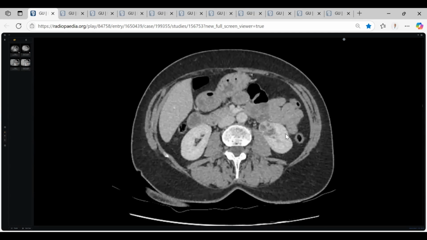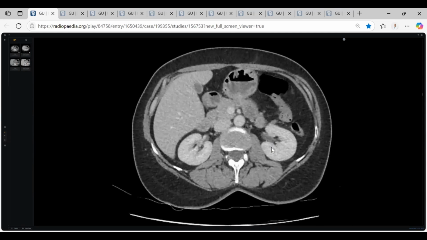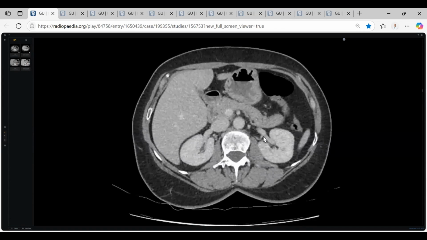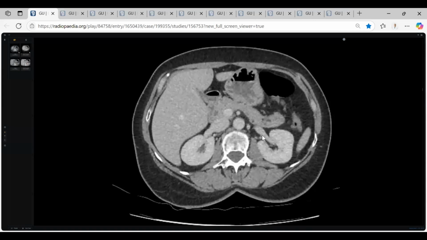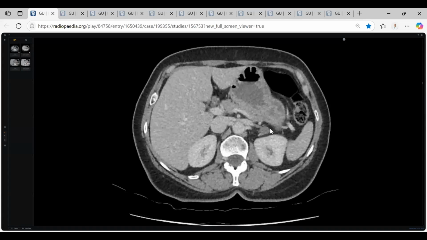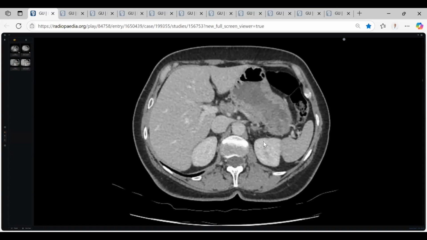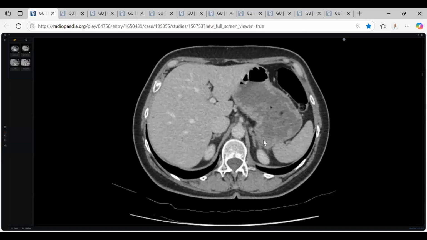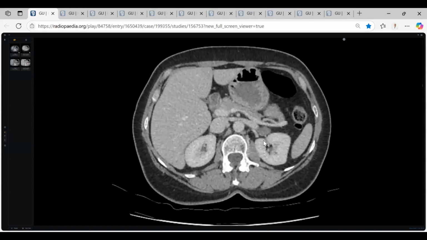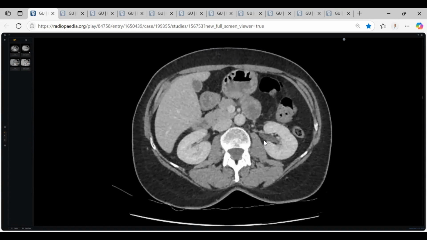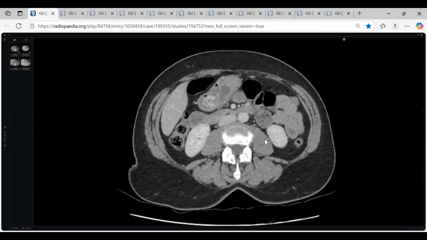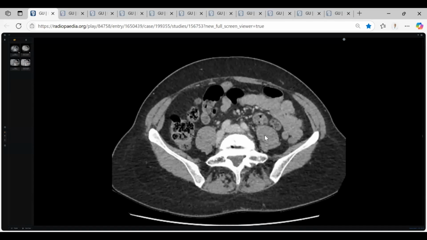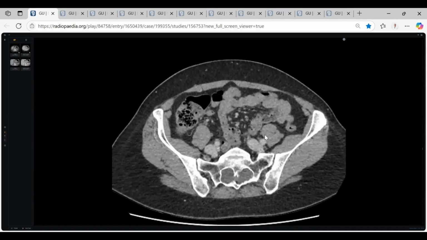This would be approximately 2 or 3 centimeters in size. Apart from that, there is a necrotic lymph node anterior to the left kidney. I will see the rest of the organs and para-aortic region. Left renal veins are patent, without any renal vein thrombosis.